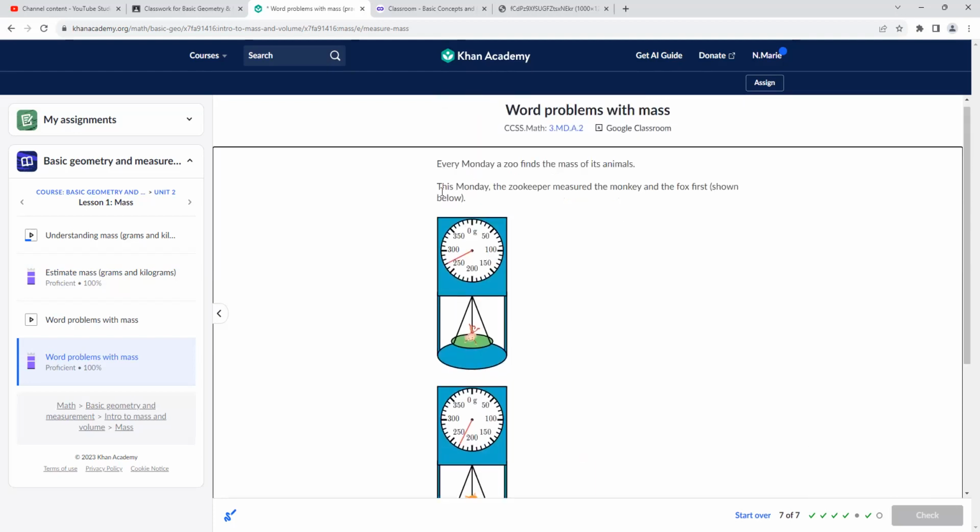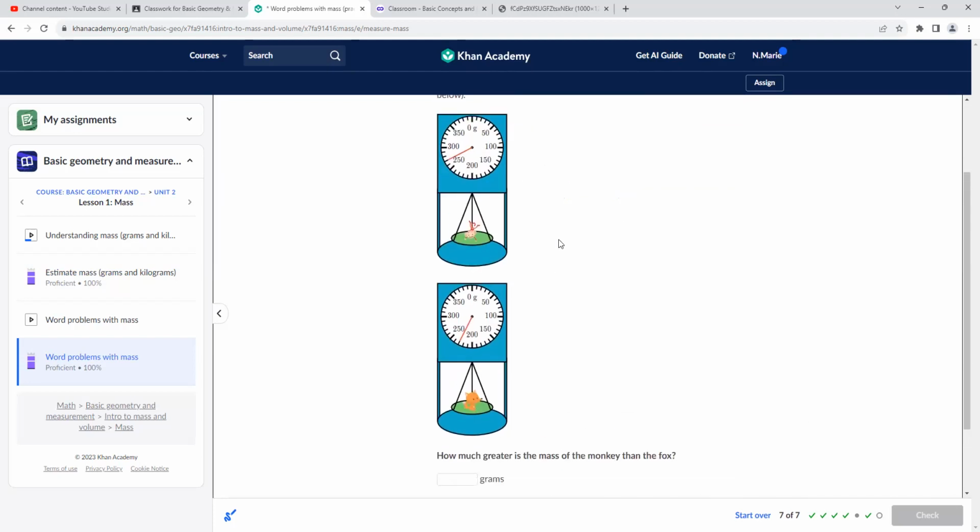And which is greater, the monkey or the fox? Let's see, what's it counting by? Oh, sorry, the monkey is about 250, 60, 70, 80, 90. Okay, so that's about 270.